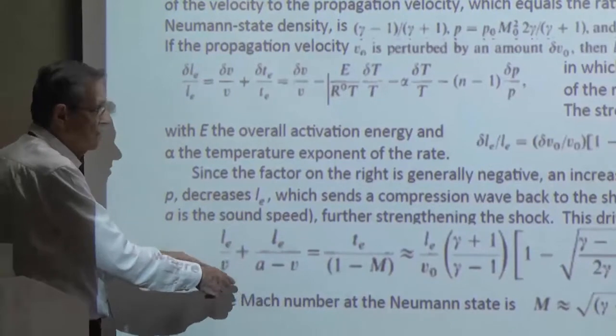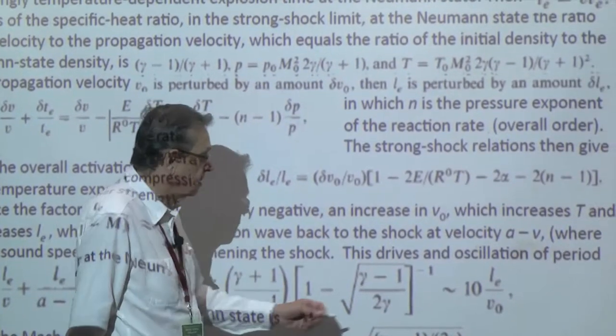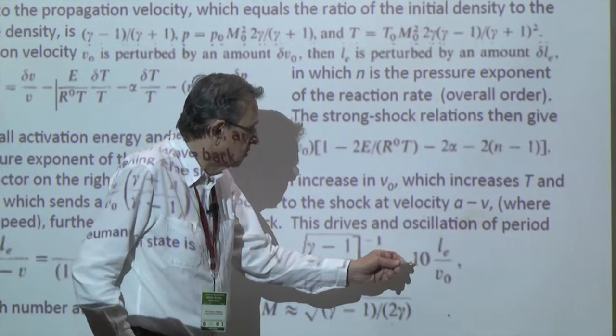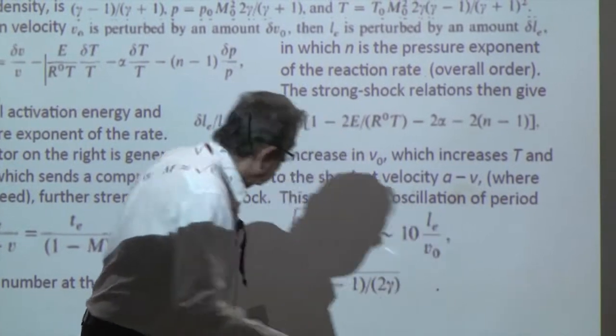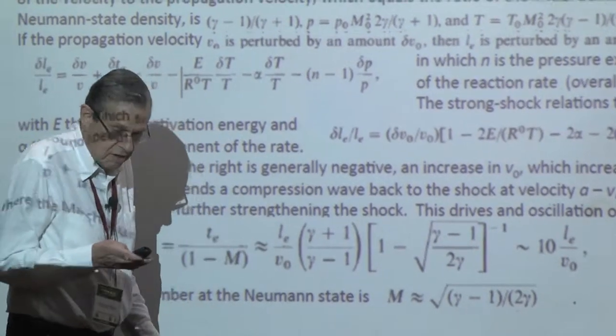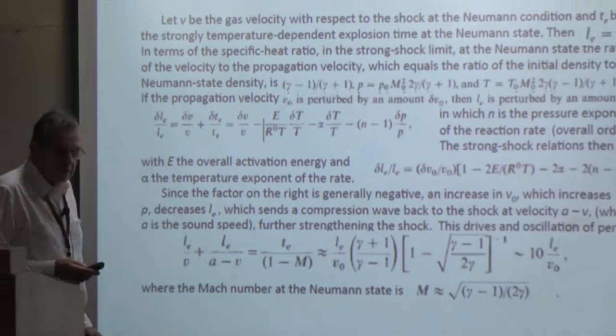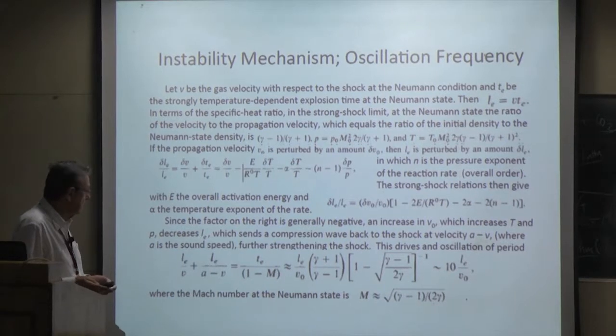There's a period of oscillation that you can calculate then for a pulsating detonation, galloping detonations, which is roughly 10 times, when you put in numbers, 10 times the induction zone length divided by, well, in this case, the propagation velocity is written that way.